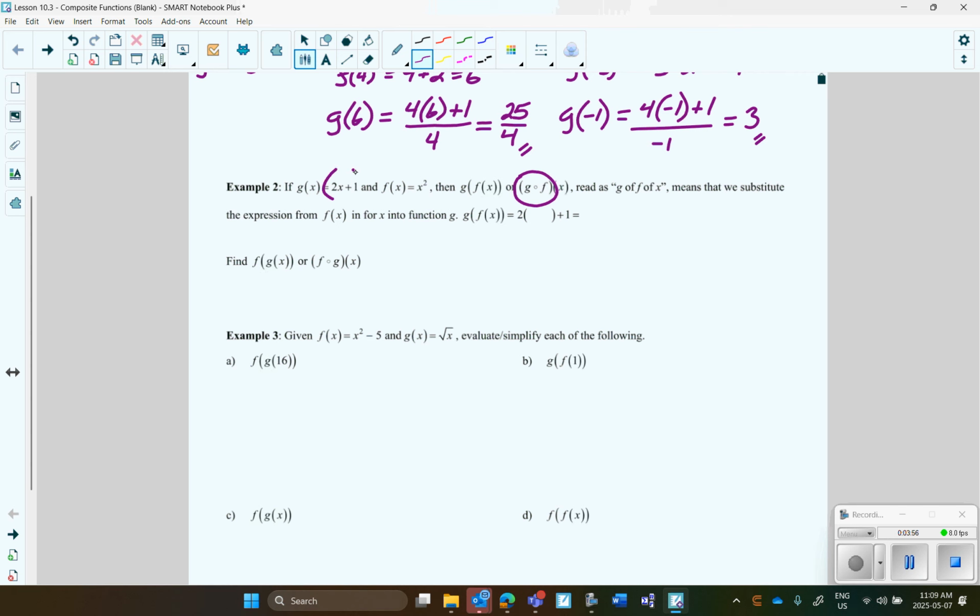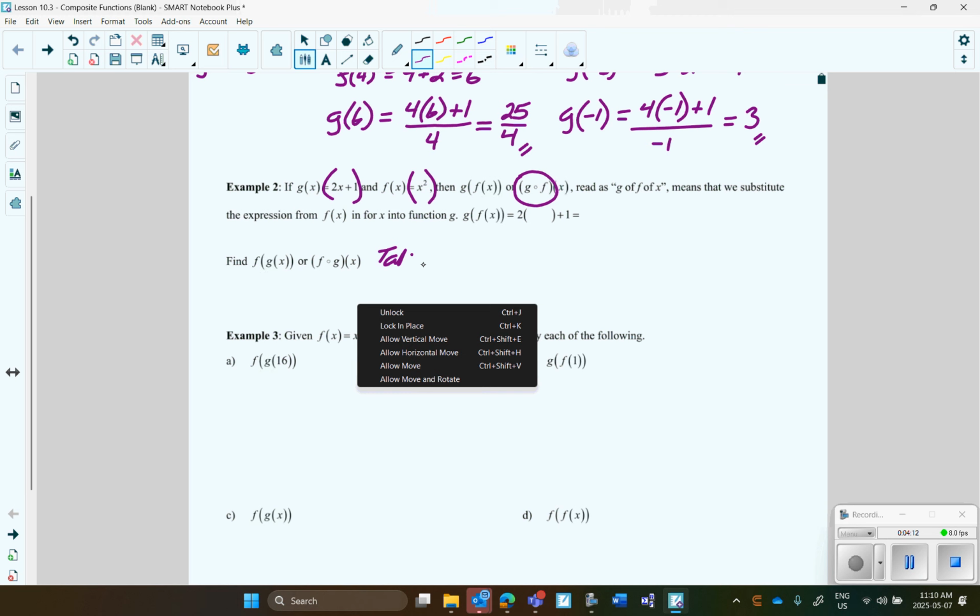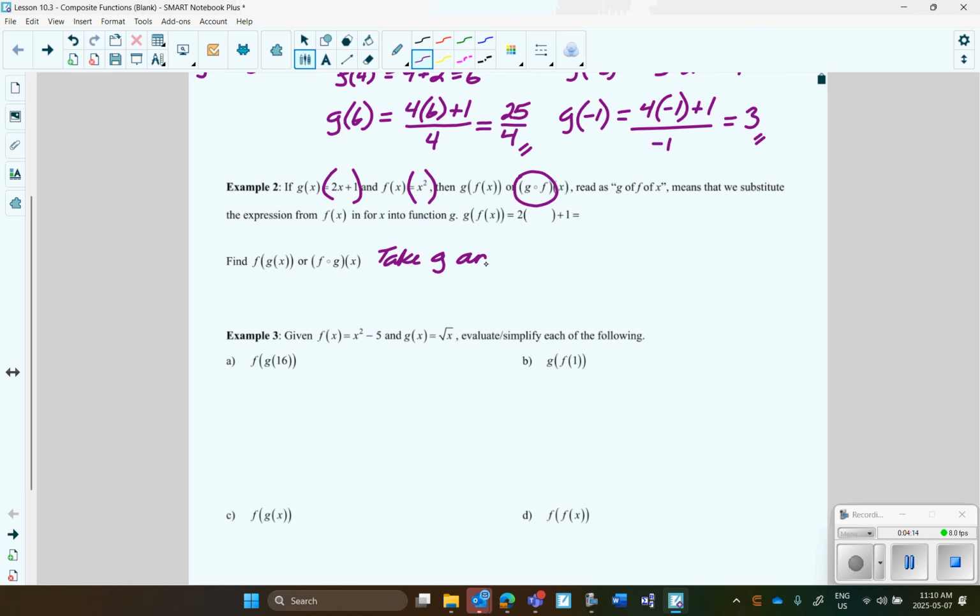So if we're given two functions, g is 2x plus 1, and f is x squared. I am asked to take function g, because this is the order, and plug into f.